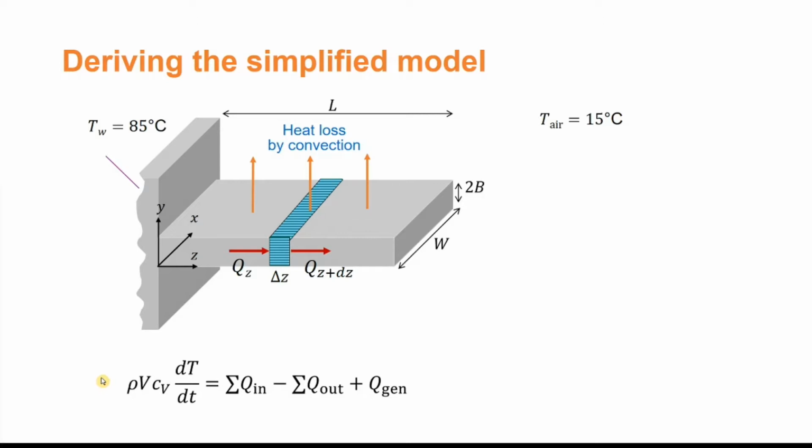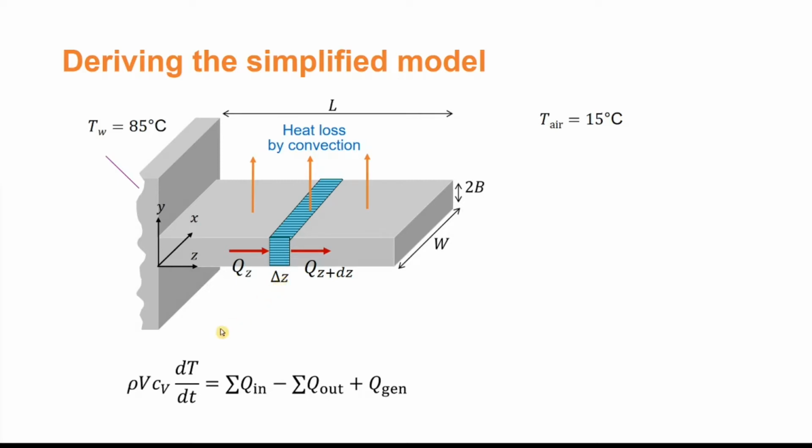Now we can derive a model using those assumptions. All variables depend on z. There is heat conduction in the z direction and heat flow by convection out of the fin. Our control volume is a differential element with uniform cross-section.